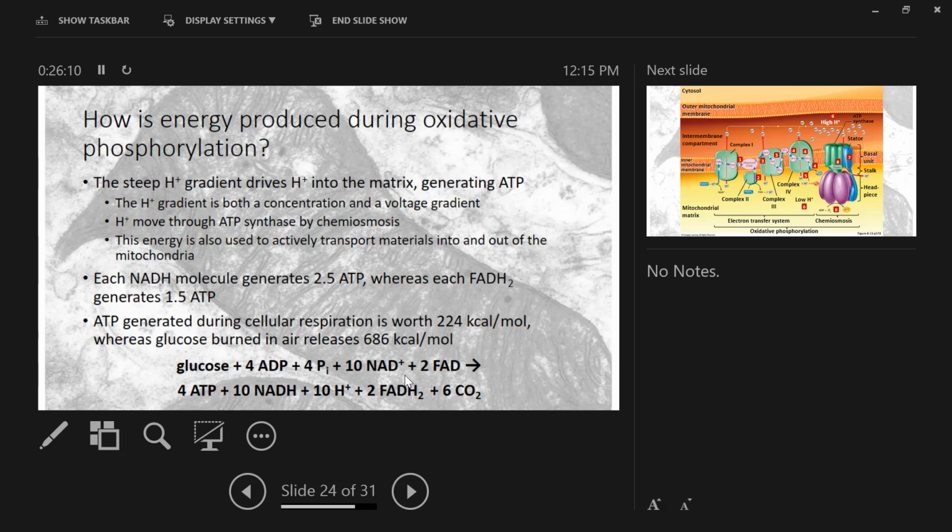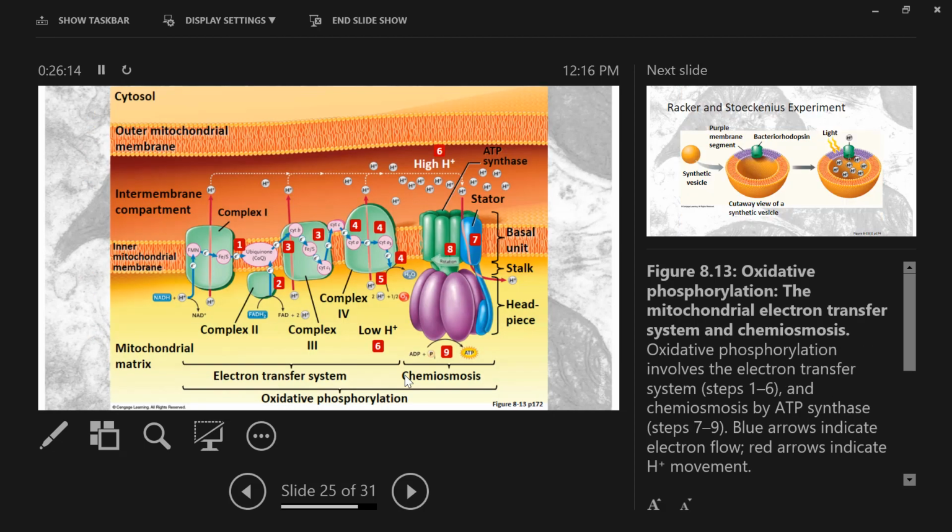I'm going to move to the next slide. And so here is this enormously steep hydrogen ion concentration as they are shuttled across complex 1, complex 3, complex 4. Notice that the arrows aren't illustrating the energy level of the electrons.